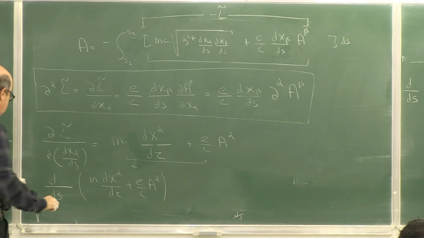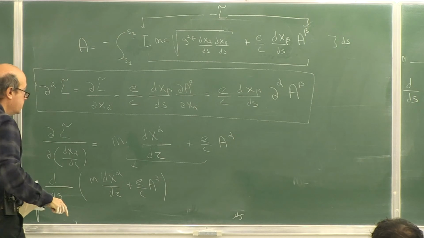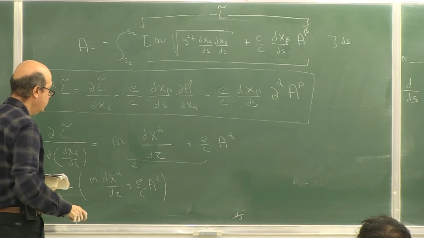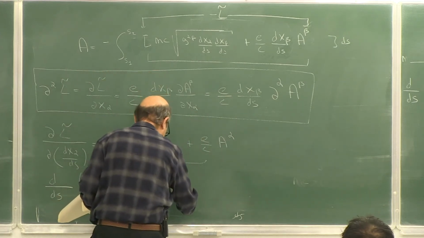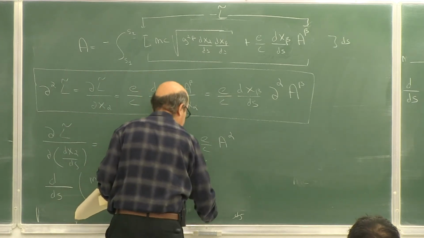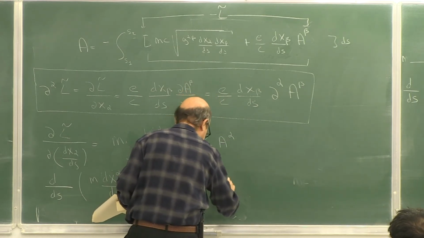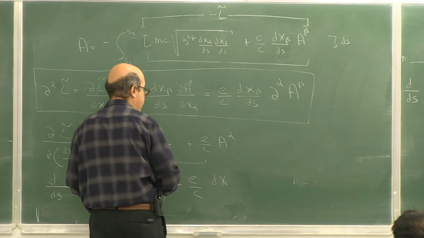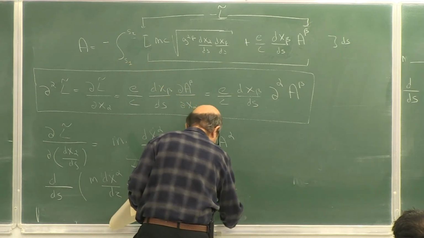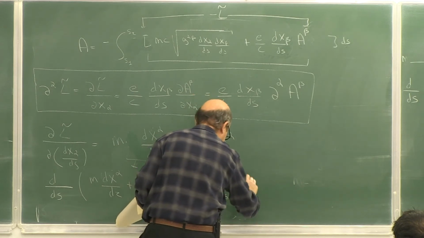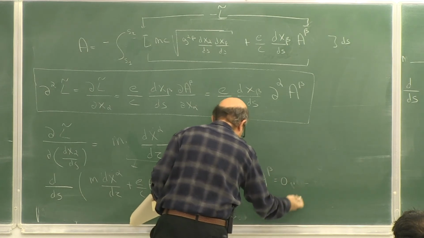Minus del alpha of the Lagrangian, and it is evaluated there, that is equal to minus E over C dx beta over ds del alpha A beta, which has to be equal to 0.